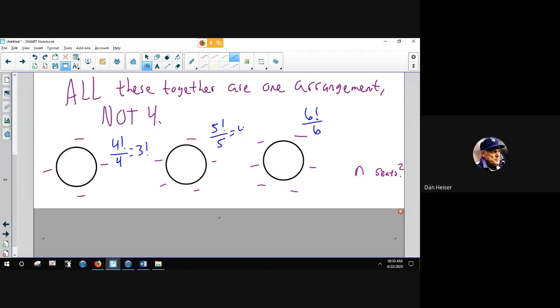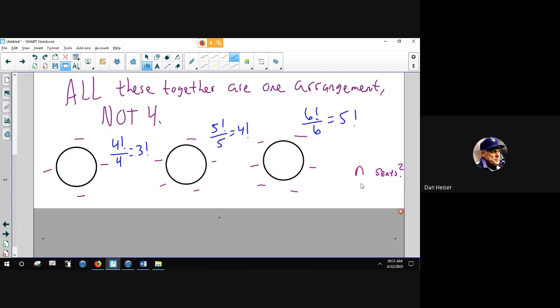This is really 4 factorial. This is really 5 factorial. Our answer is 1 less than what we started with, because we're dividing out that first number in the factorial chain.